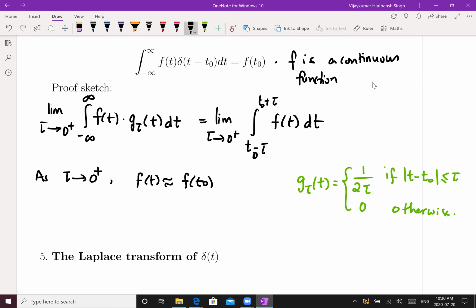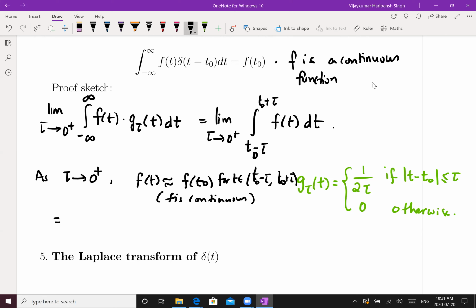So in what range though? For t belonging to t naught minus tau and t naught plus tau. Yeah, and this is because f is continuous.